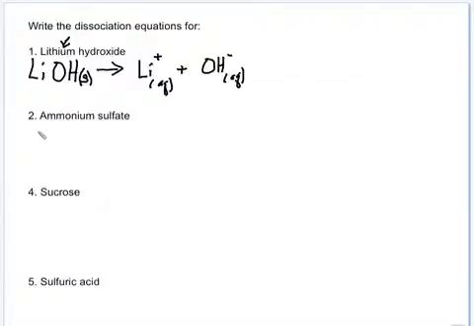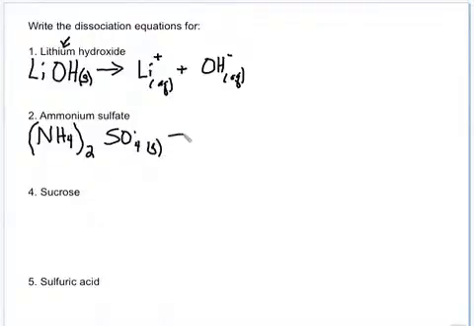Okay, so let's try ammonium sulfate. So the first thing is we write the formula for it. So ammonium, which is +1, and sulfate, which is 2-, so the ratio is going to be (NH4)2SO4. Now, let's say that's a solid.